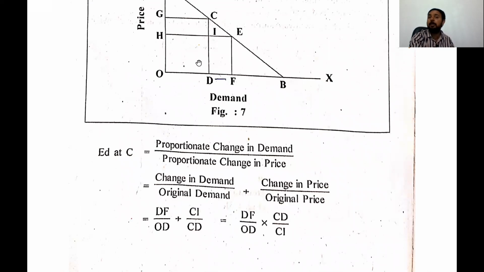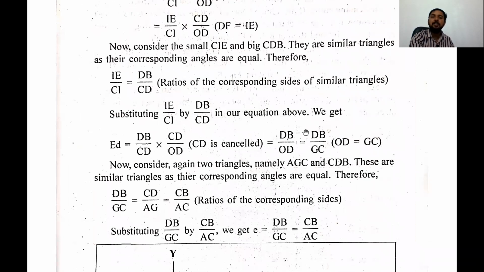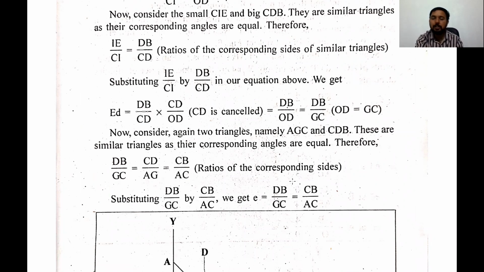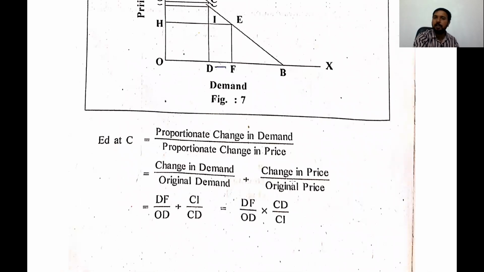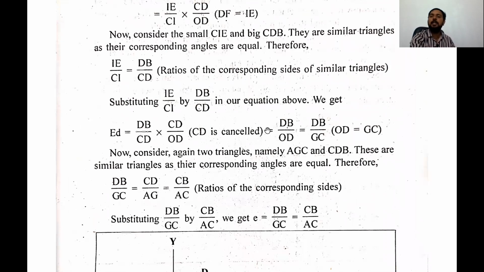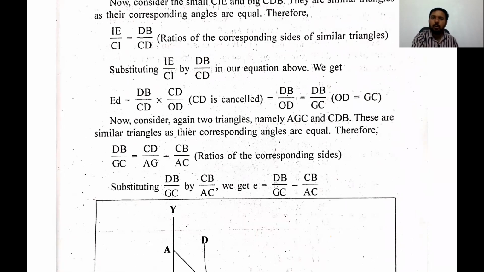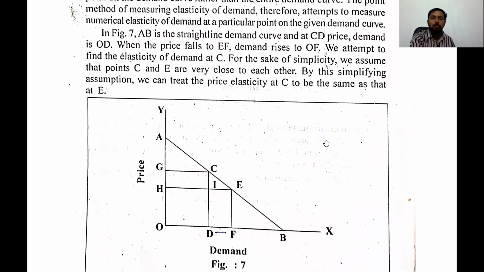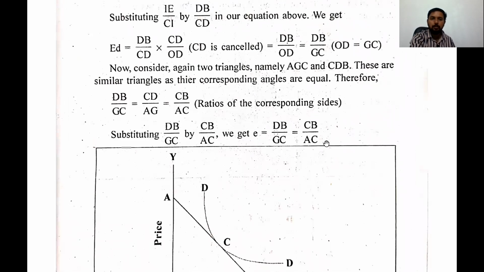By putting the symbols in this formula, you will get this kind of solution. So there is no need to be confused. Simply put the values given in the graph into the formula and solve it. So this is all about point elasticity. Now we will move further to the next point.